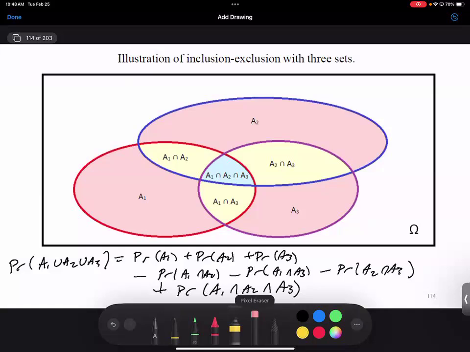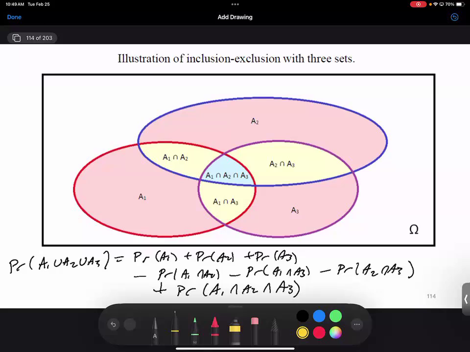And if we want to calculate what is the probability that A1 or A2 or A3 happens, this is essentially the inclusion-exclusion principle. If the events were disjoint, then the probability that at least one happens is just the sum of the probabilities that any of them happen. It'd be the probability of A plus the probability of B plus the probability of C. But what you notice in this beautiful diagram is the yellow regions are doubly counted.